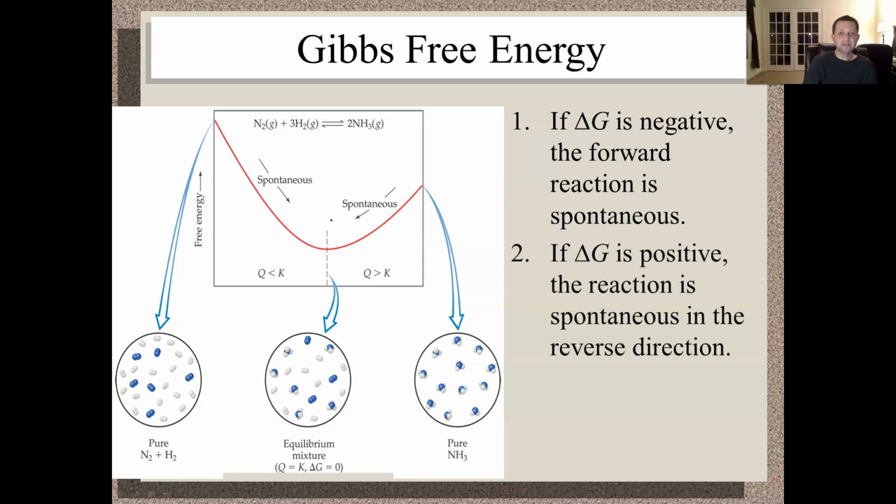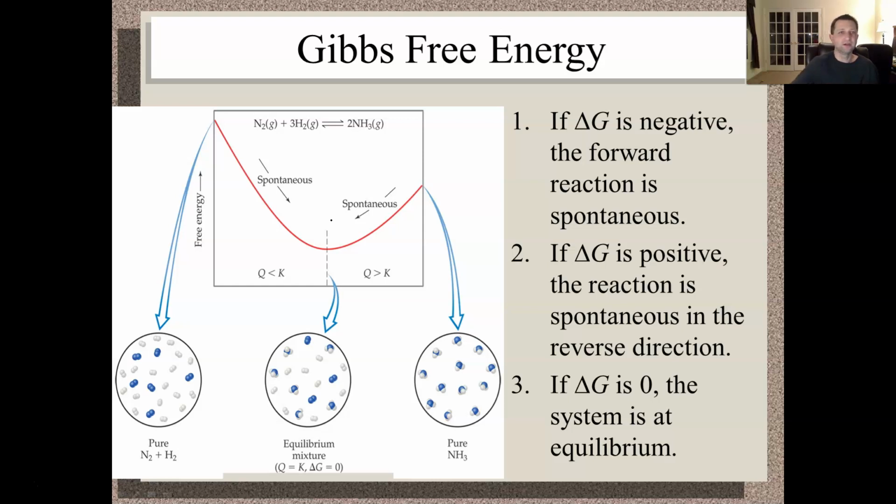But if delta G is negative, the forward reaction is spontaneous. If delta G is positive, it's not spontaneous in the forward direction, so it'll be obviously pushed as much to the left as possible here, so it won't progress forward at all. And if delta G is actually 0, then the system is at equilibrium. Okay, so we're not done with equilibrium yet.